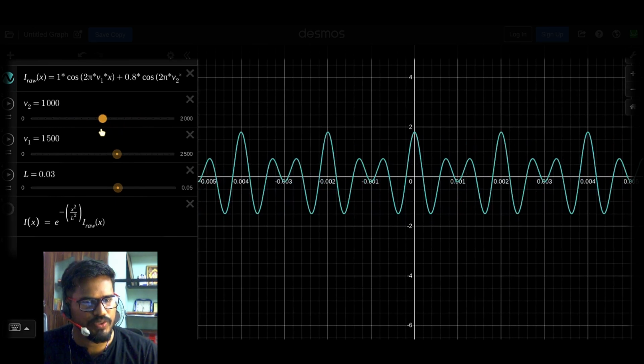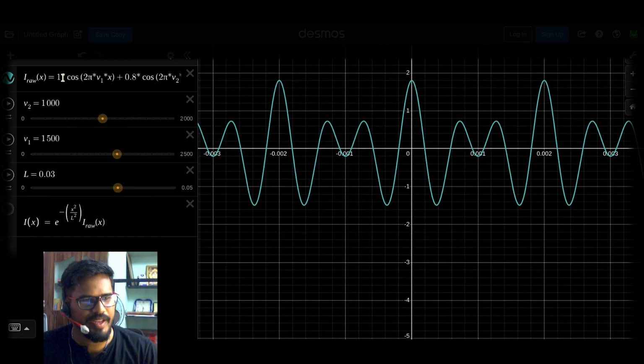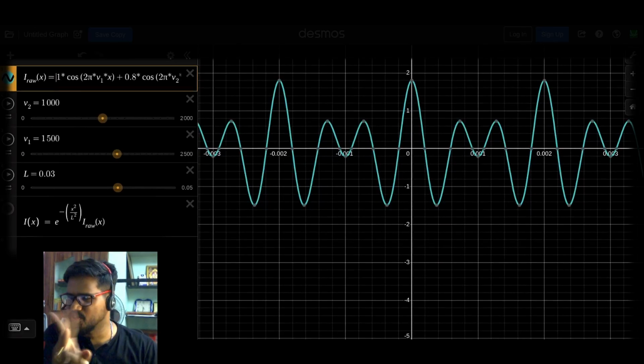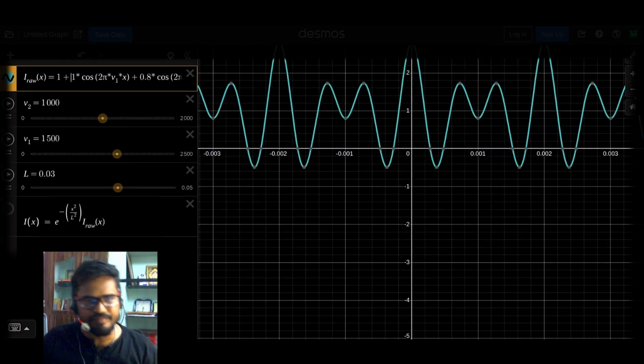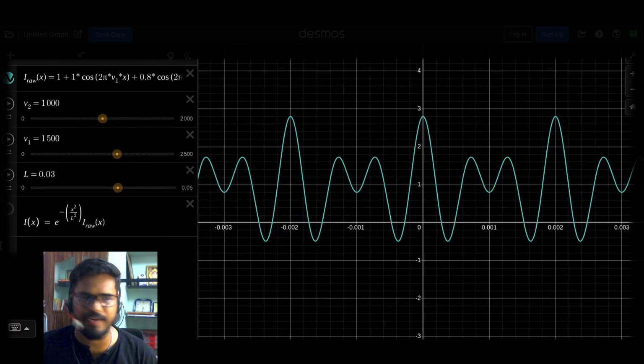Let's say the two signals that we have are like this. In reality, it's cos A plus cos B. There will be a constant term also, so I'm going to put a 1. There is a DC component in the signal that you get in reality.